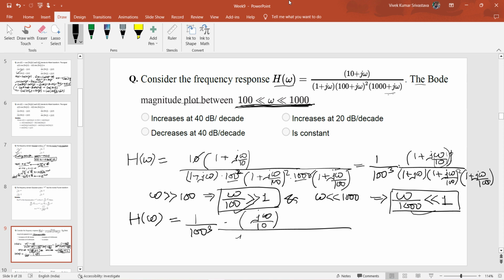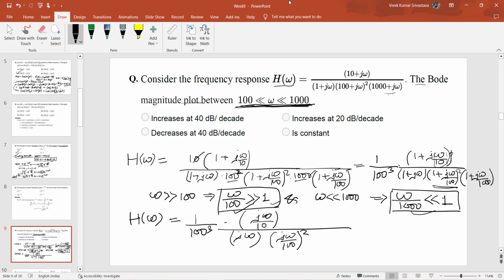So this we can write as j omega. Similarly for this factor, which is a square of this factor, here also omega by 100 is greater than 1, so we can neglect the 1 here. So this we can write as j omega over 100 square.